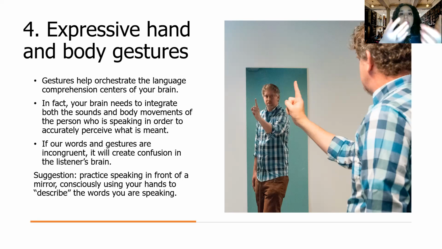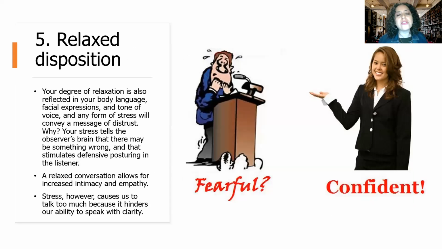So it's about looking at yourself and using your hands and all of your body to gesture and to give a message. So there's a suggestion: go and use a mirror, talk to yourself, practice.